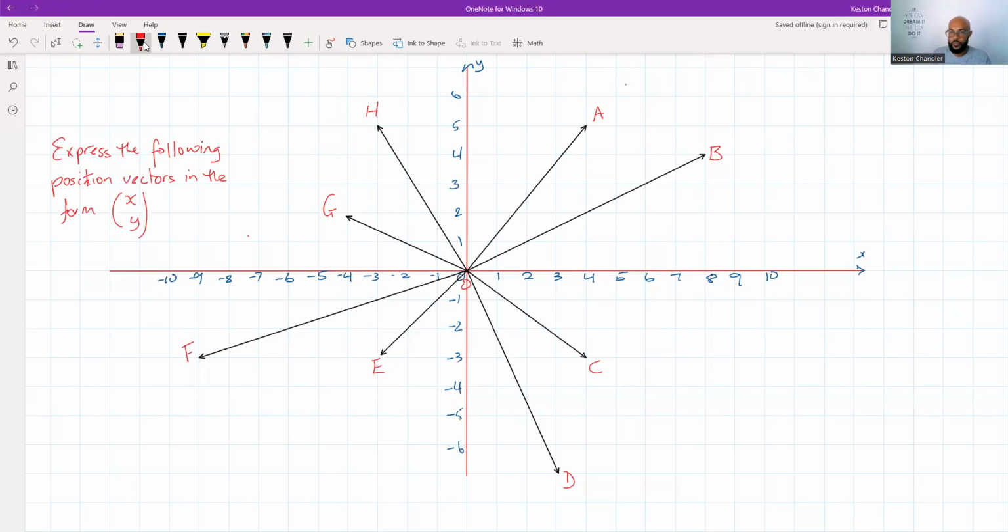So if I want to do O, A, all starting from the origin, so you write O and put a little arrow there, right? We look at the coordinates of this A. The coordinates of this A is 4 and 5. Can everybody see that? It's in line with 4 there and it's in line with 5 there. So we could just read those coordinates off, and now it's going to get us our values for X and Y here. This is going to be 4 and this is going to be 5.